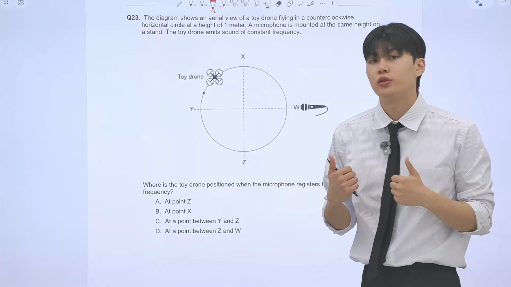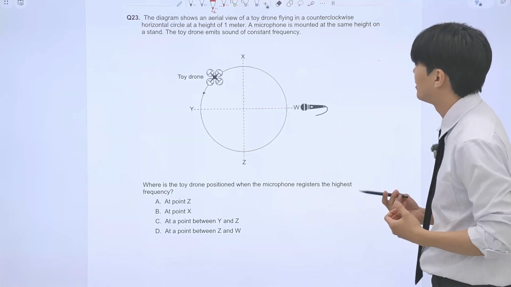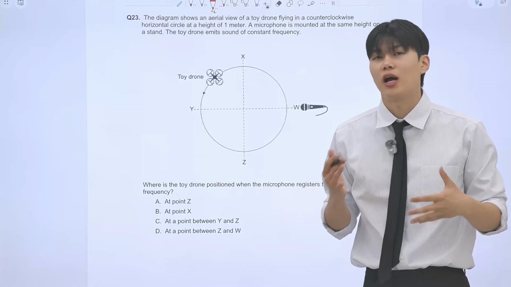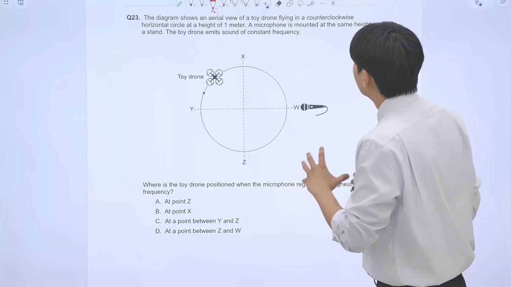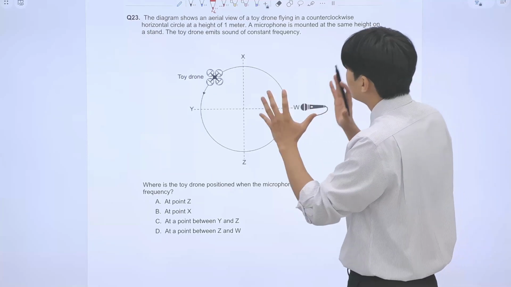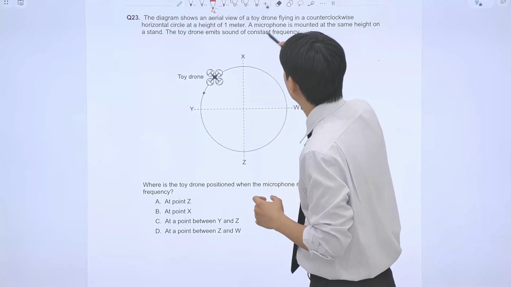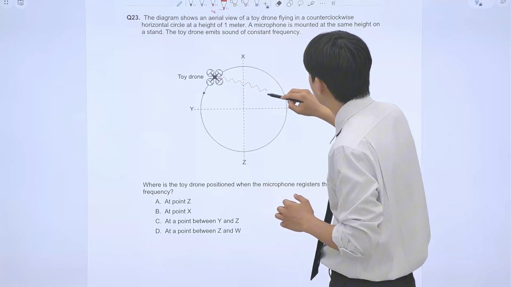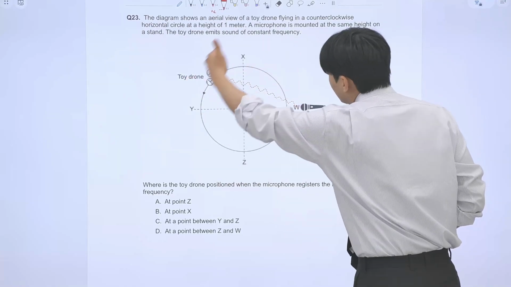Right, next we've got question 23. I think students might get confused about what it is really about, what kind of principle or theory we should use. But if you think about it closely, they said a drone makes a sound of constant frequency, which goes into the mic, and then it goes around the circle.